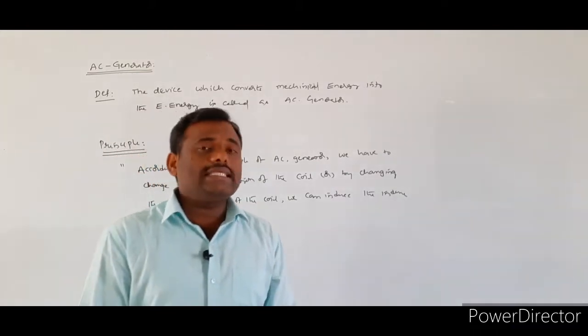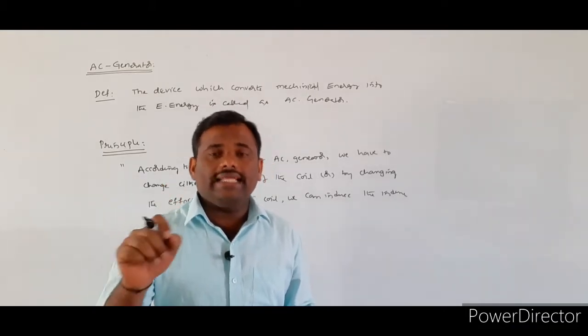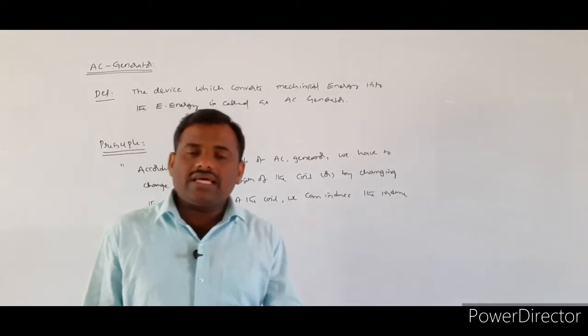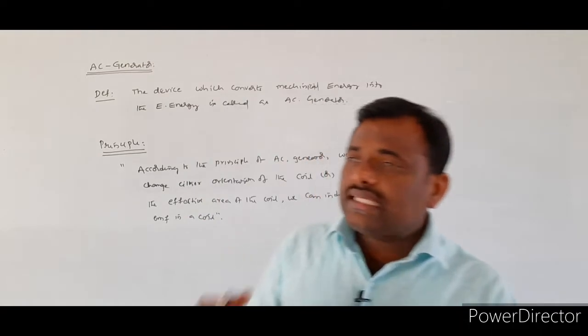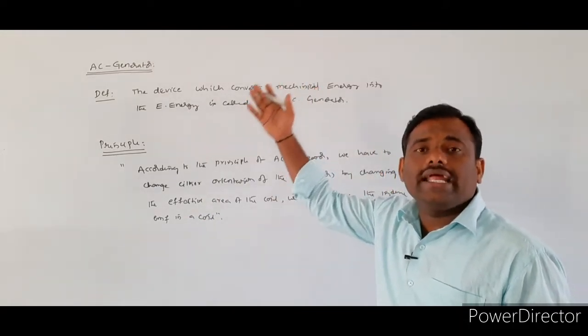Once again, what is the principle needed? That to produce the alternating current, we have to induce the induced EMF. This induced EMF will be existed in this AC generator. Means how?